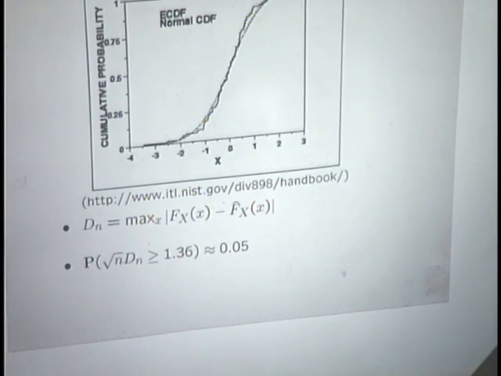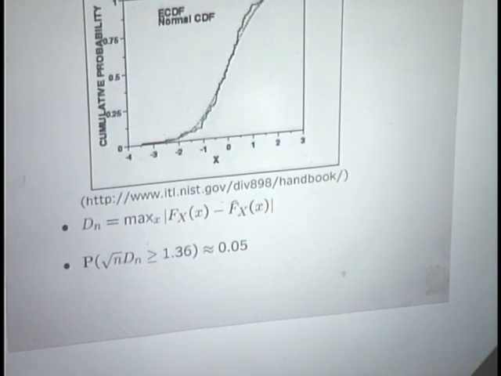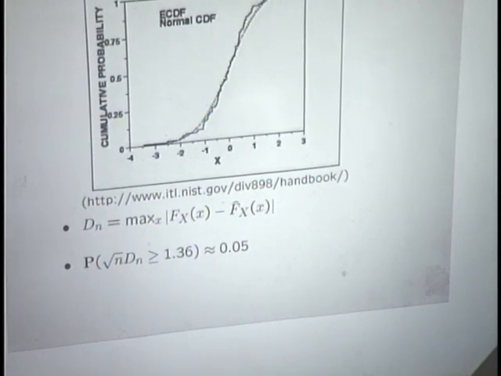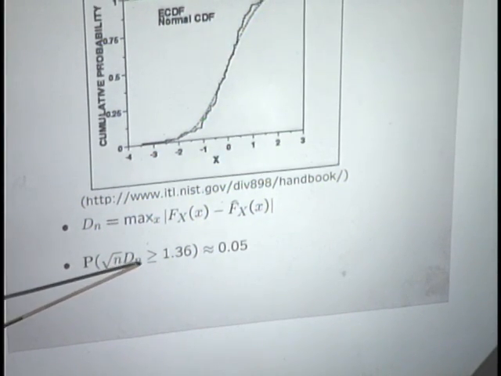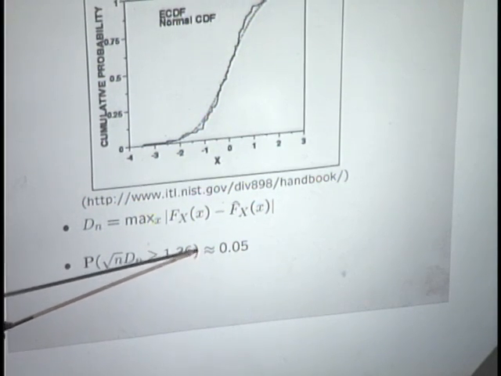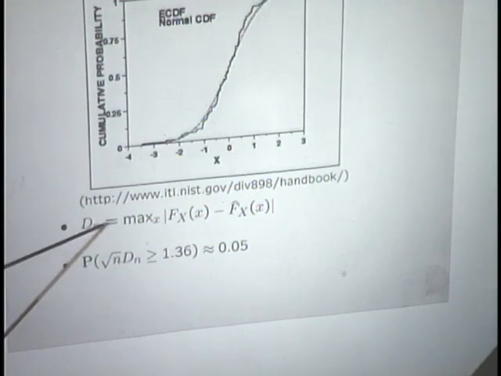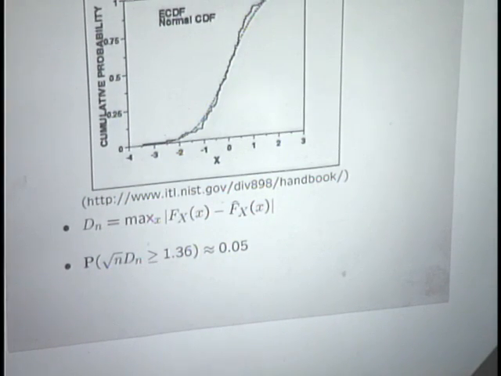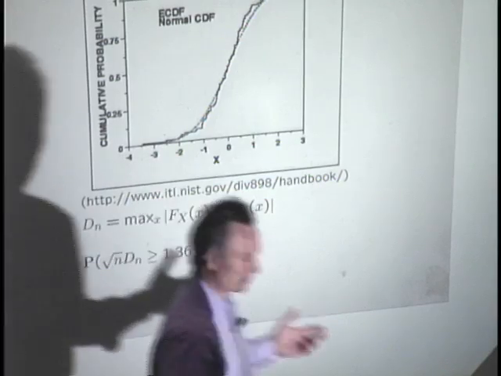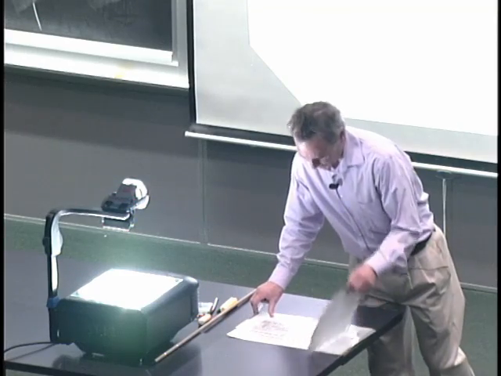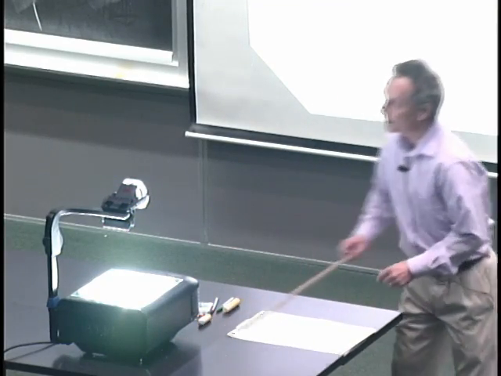And for example, those tabulated values tell us that if we want 5% false rejection probability, then our threshold should be 1.36 divided by the square root of n. So we know where to put our threshold if we want this particular error probability to occur. So that's about as hard and sophisticated as classical statistics gets.